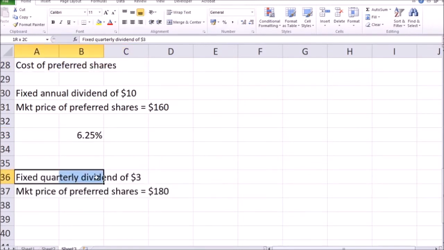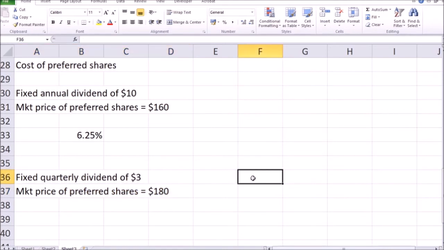Alternatively, perhaps the dividends are paid quarterly rather than annually. Or perhaps there are monthly dividends or semi-annual dividends. Whatever is the case, let's have a look at one alternative example. Let's say we have $3 in fixed quarterly dividends, and the share price on the market is $180. We simply convert the cash flow generated by the company to the shareholders into the annual yield.